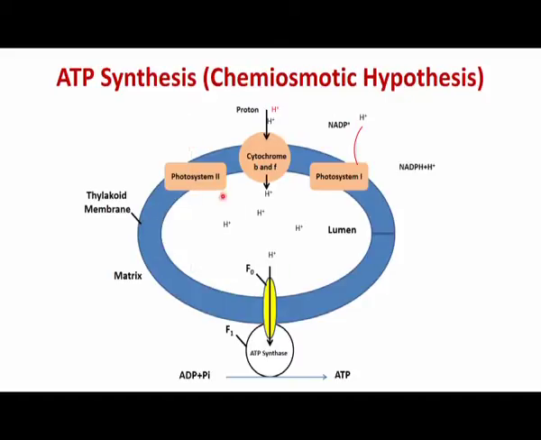Okay, so from the photosystem 2, we have an oxygen evolving complex, and that splits the water into the proton, electron as well as the oxygen. Oxygen goes out from the chloroplast, whereas the proton is accumulated within the lumen of the thylakoid membrane, and the electrons go through the electron transport chain, which involves the photosystem 2, cytochrome b6f complex as well as the photosystem 1.